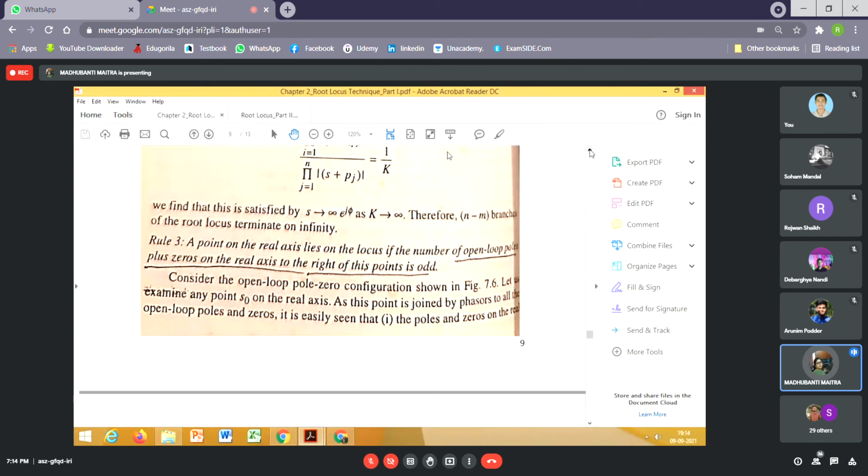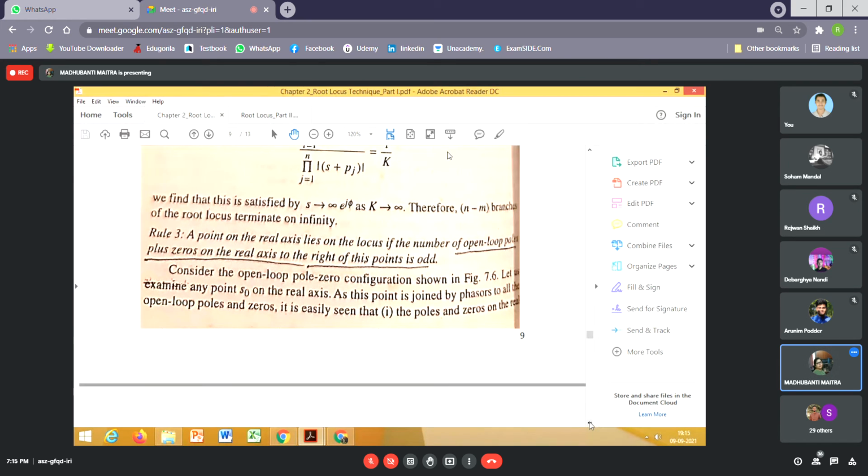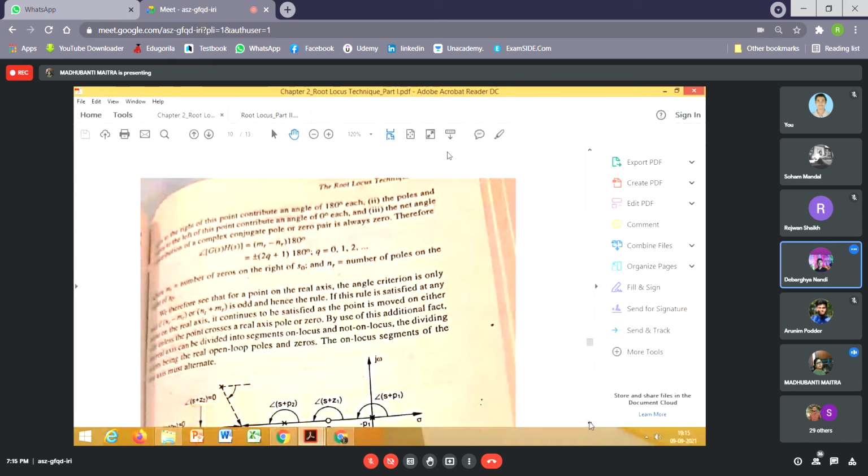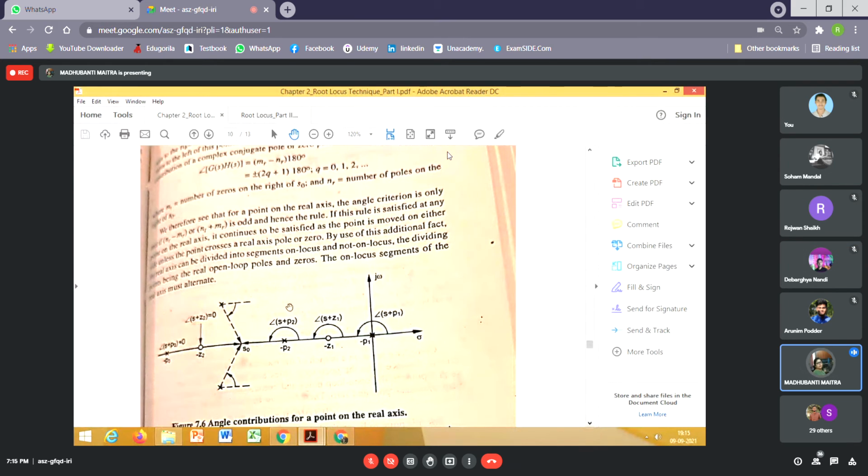So the rule states that a point on the real axis will be an on locus point or will lie on the root locus if the number of open loop poles plus open loop zeros lying to the right of that particular point is odd. Then the point will lie on the root locus. Okay, ma'am. So let's look at this diagram.